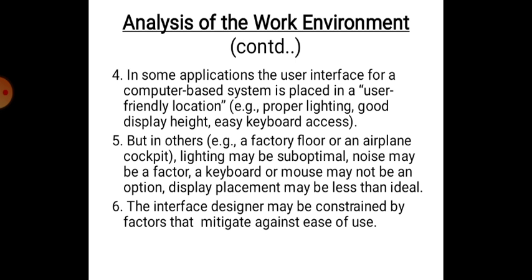So there could be an easy work environment, or in other cases the work environment could be difficult to work in. Point number 6. The interface designer may be constrained by factors that militate against ease of use. So all these 4 subtasks are to be considered when you carry out analysis of the user interface.